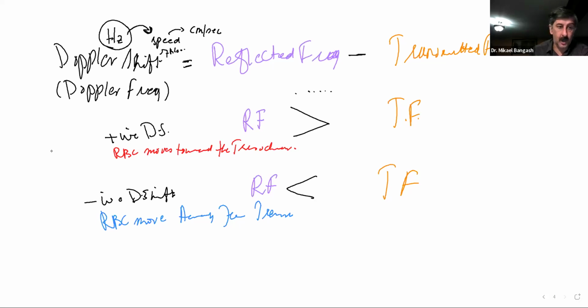When we talk about the reflector frequency, it is still going to be in hertz, kilohertz, megahertz, whatever. So is your transmitter frequency. It's still expressed in hertz. But it's the difference between these two that gives us what we call a Doppler shift or a Doppler frequency.